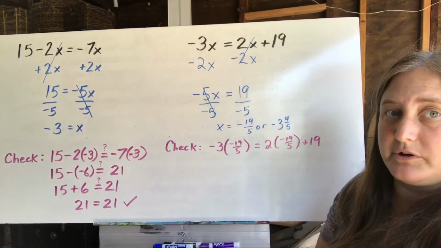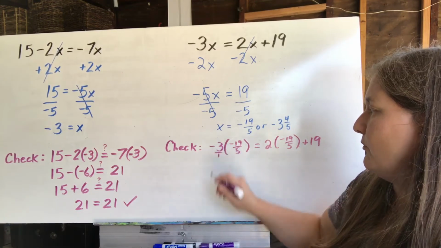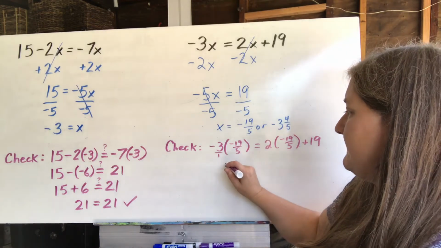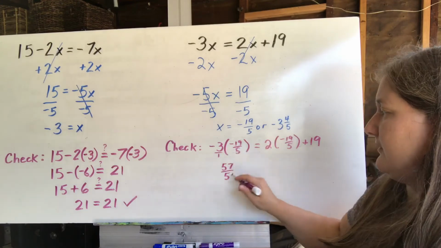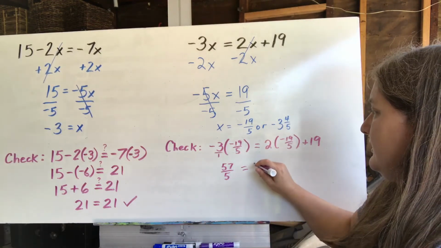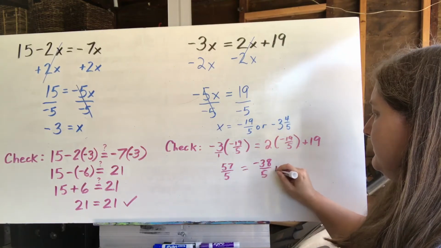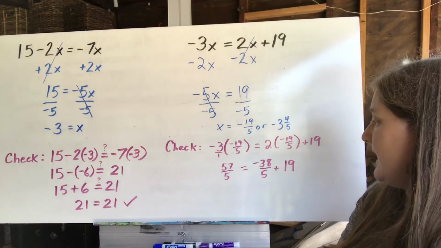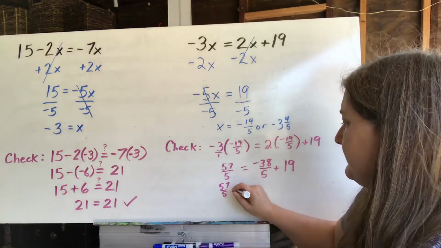So let's make sure that it works out here. Negative 3 really has a denominator of 1. So negative 3 times negative 19 is going to give me 57 over 5. 1 times 5 is 5. On this side, 2 times negative 19 is going to give me negative 38 fifths plus 19. So I could get a common denominator here. I've got 57 fifths on this side.